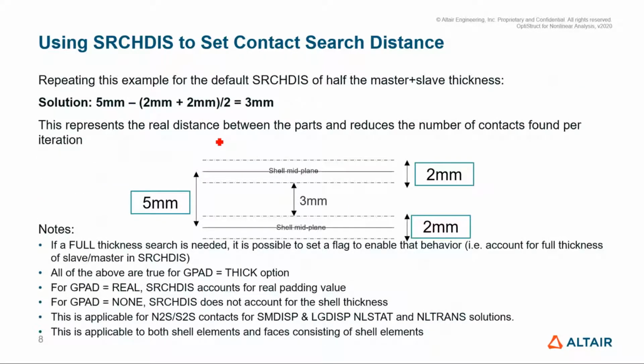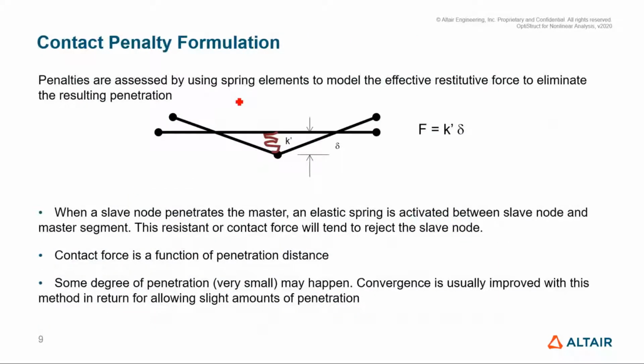Okay, so here is just an explanation of how we actually generate the contact, right? For contacts in OptiStruct, we follow this penalty formulation. Okay, so as the distance between the slave and master surface becomes smaller, and when it touches, we give in a factor here to simulate that contact.